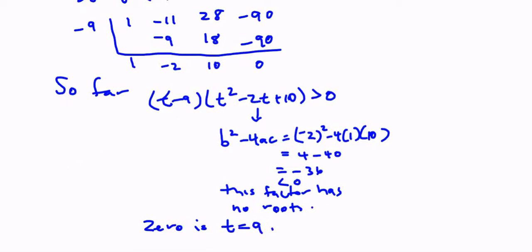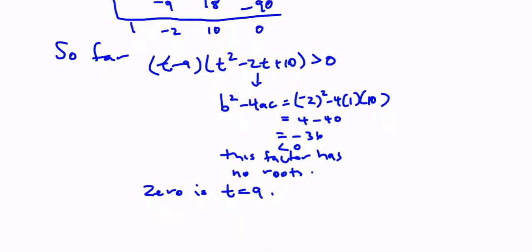Okie dokie. Am I done? Did I find the time interval when the stock was greater than $36? Well, I found one particular year where it was equal to $36. That was in the year 2009.